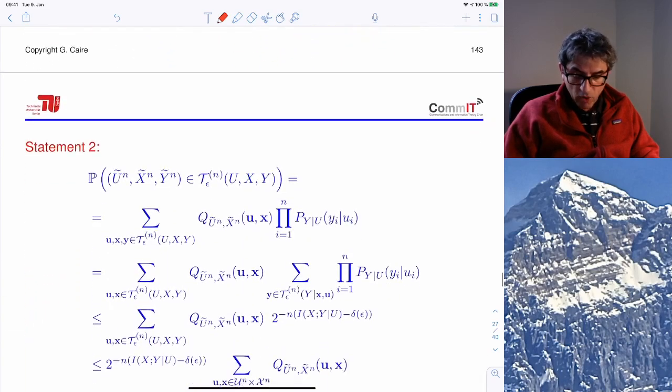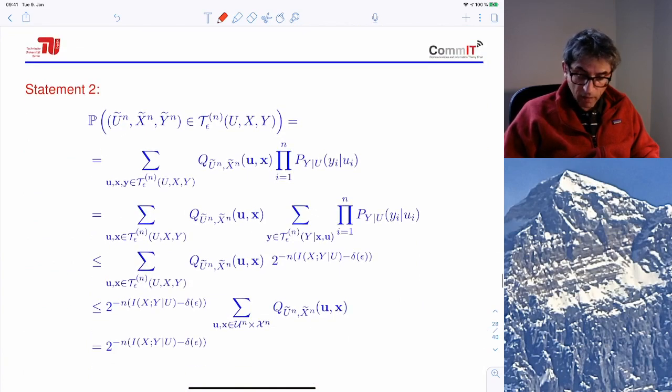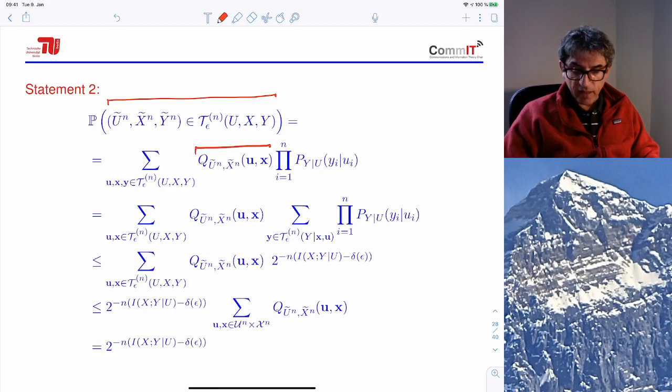Now, statement 2 follows immediately, because all we have to do is simply write down the probability of this random event. Now we have that the distribution of the triple u tilde, x tilde, y tilde is the joint distribution of u tilde and x tilde, and then the conditional y given u, which is given, right?